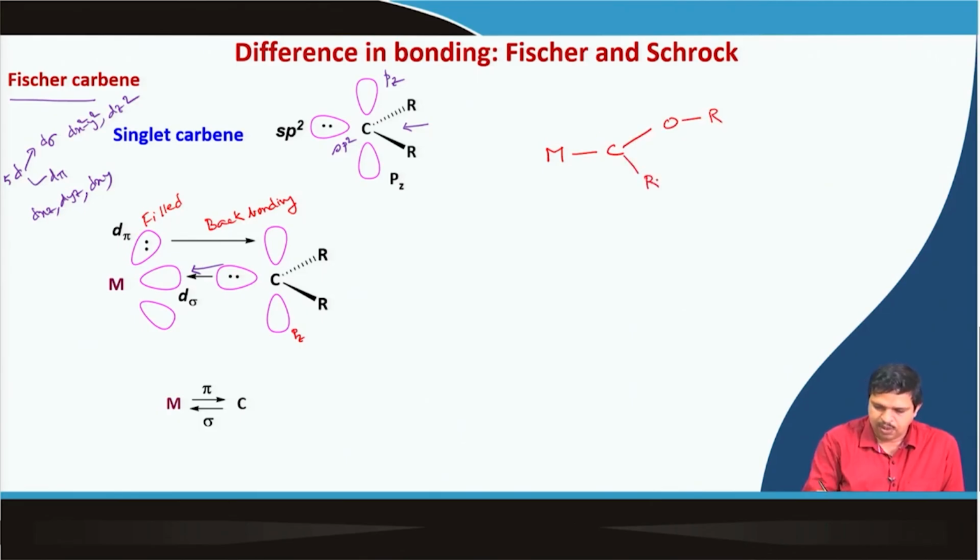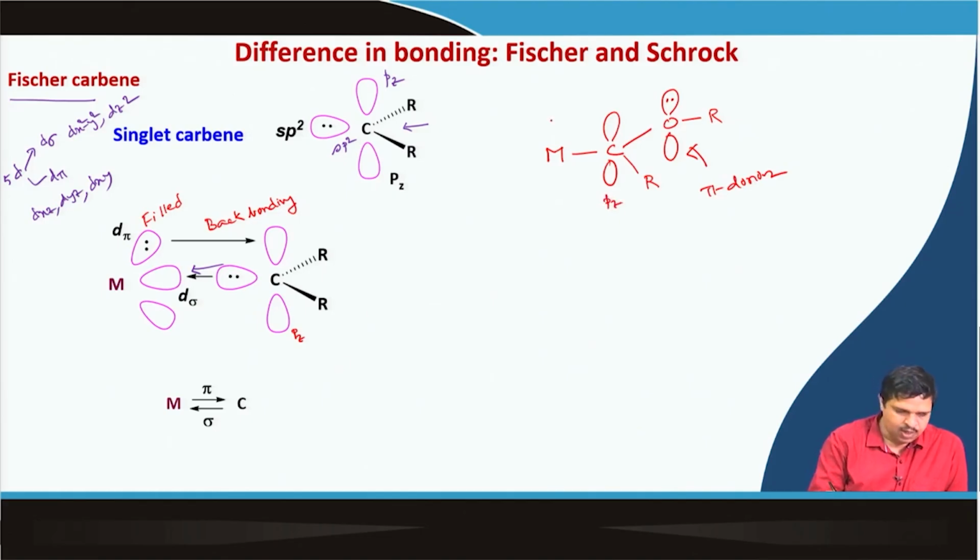This OR is basically a pi donor, and this is the empty pz orbital of the carbon, and this is the d pi orbital.